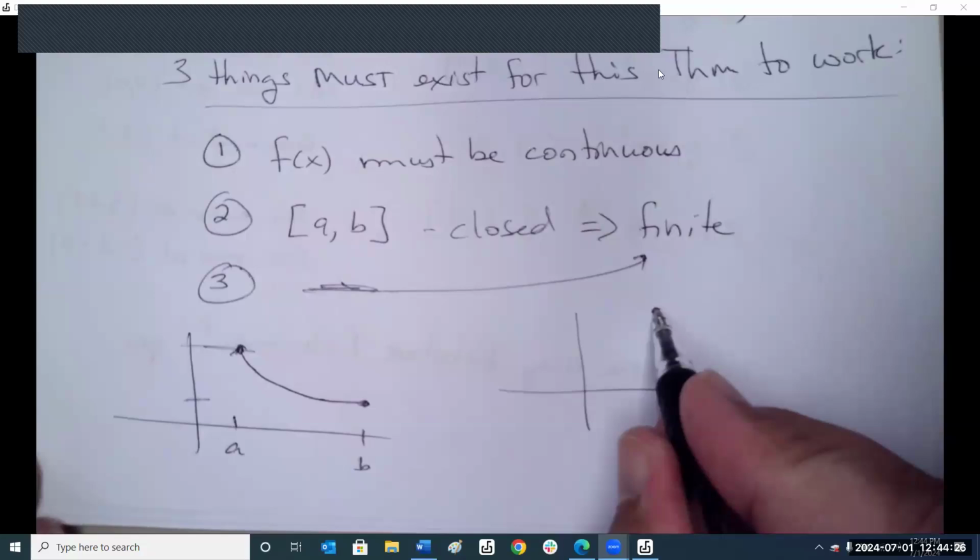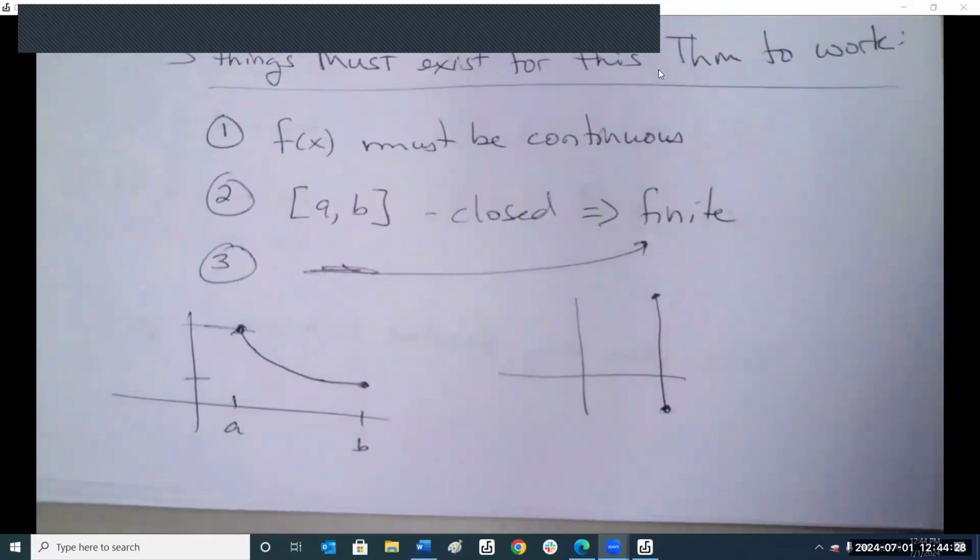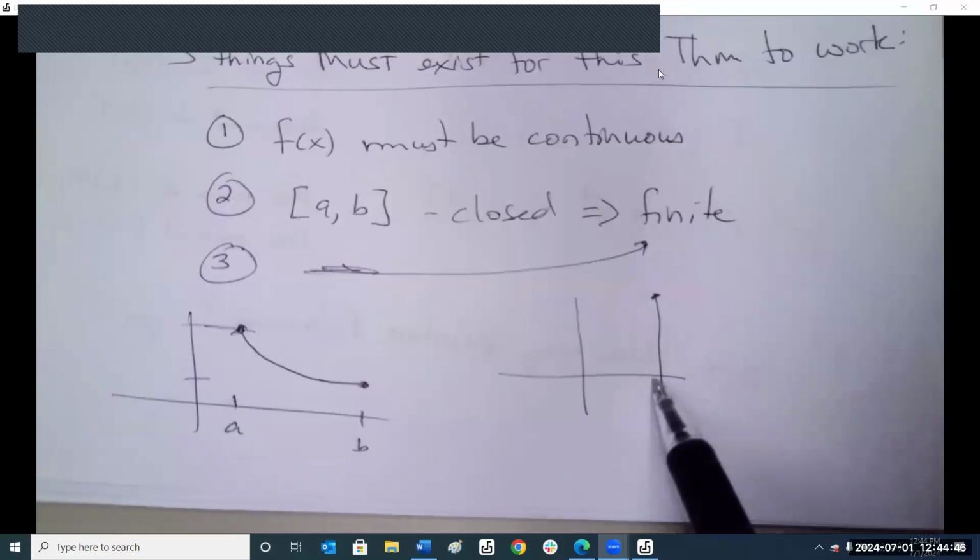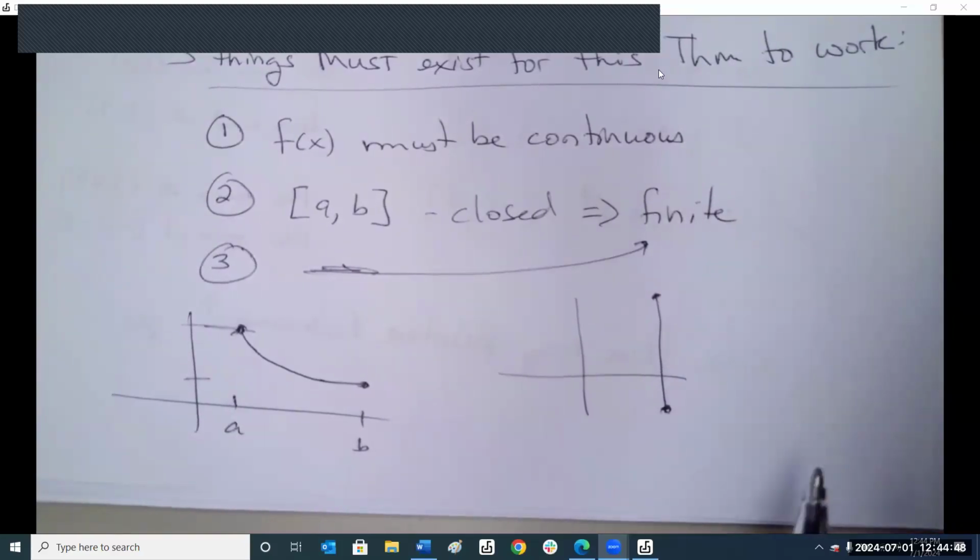Can it look like this? Is it continuous? Yes, I could go from one point to the other without ever lifting my pen. Is it a closed interval? What's the interval? That'd be the range.